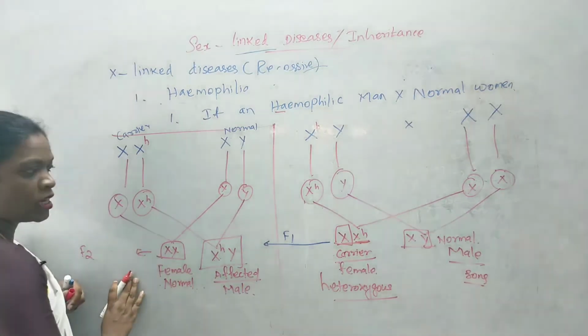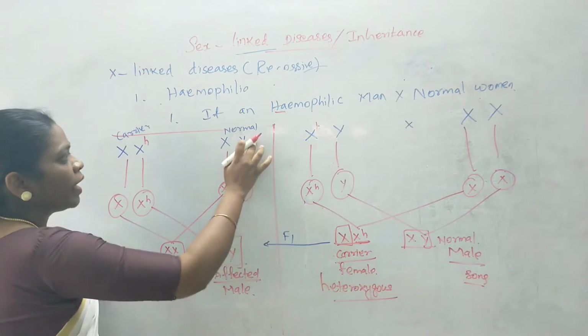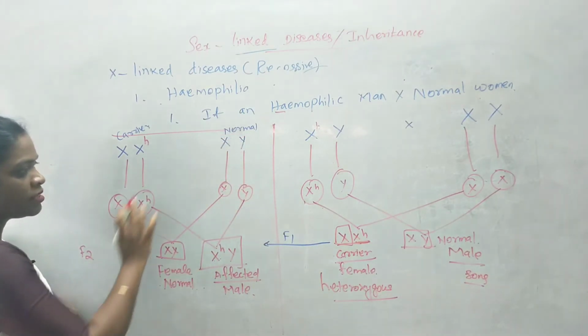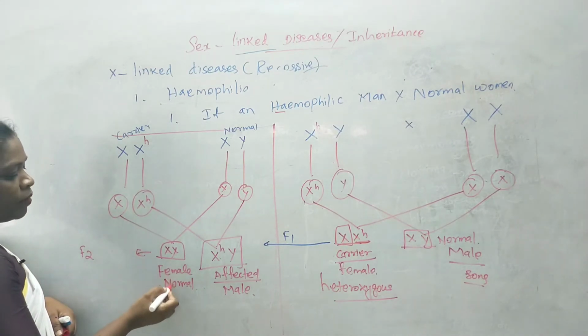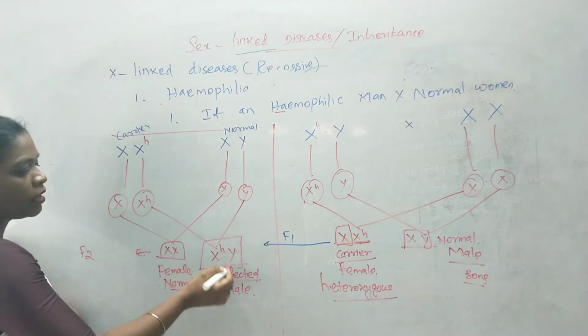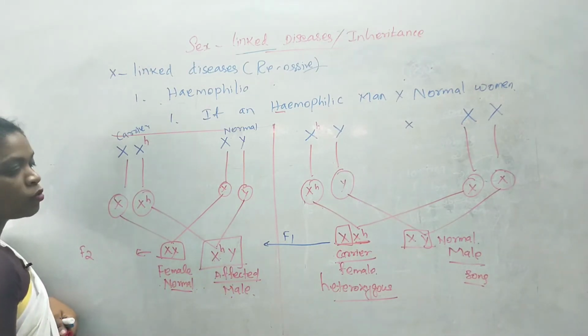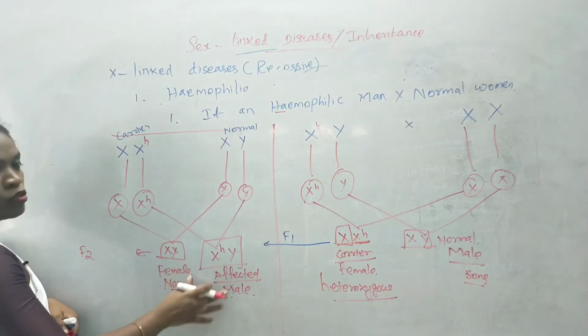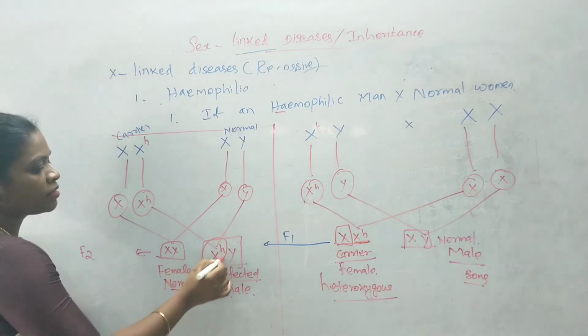So in the F2 generation, if a carrier female marries a normal man, what happens here? In the F2 individuals, the female will become normal and the male will become the affected one. So in most cases, the male will be affected by X-linked disorders because they receive only one X chromosome.